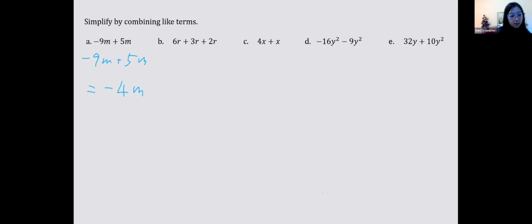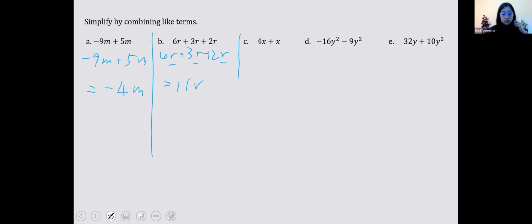So it will be negative 9 plus 5. And for this one, it will be 6r plus 3r plus 2r. Because all of these are like terms, we'll just add them together, which will be 11r.